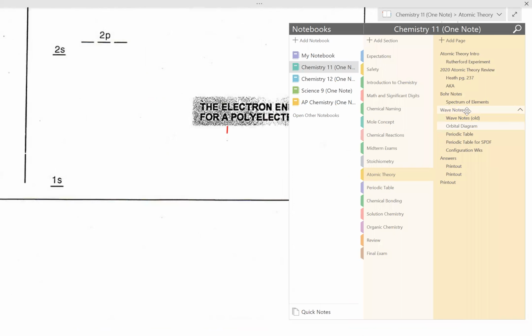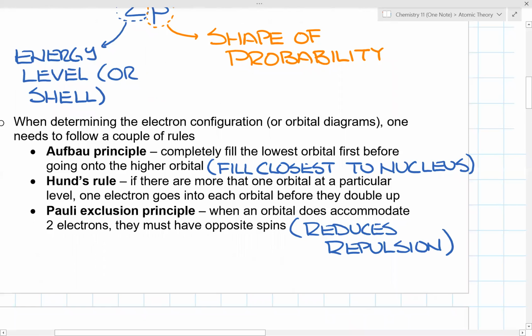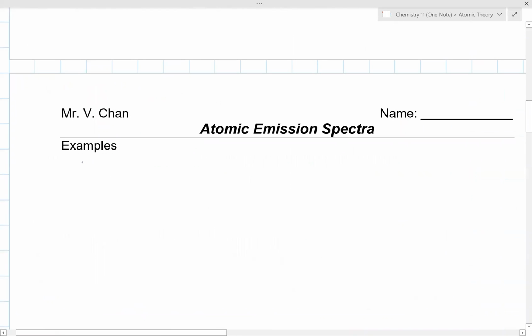It gives you sort of a hint on how to fill things up. So let me give you an example here. Let's say, for example, we have a sulfur atom.